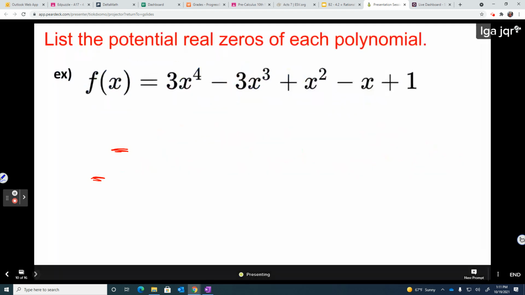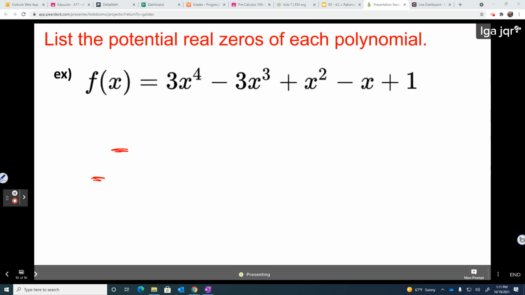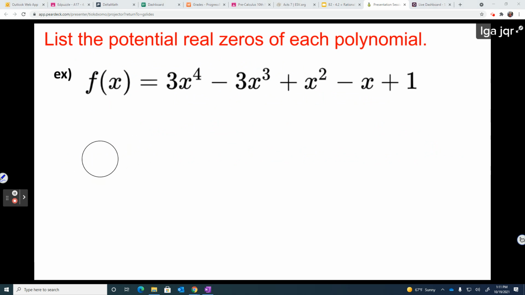Good. All right, let's try one out. So we're going to be making a list of all of the potential or possible real zeros. We've got a polynomial, just like to write it out. And the first thing we're going to do is find what p and what q are. All right, so what's p?